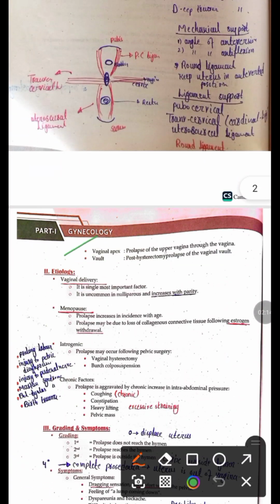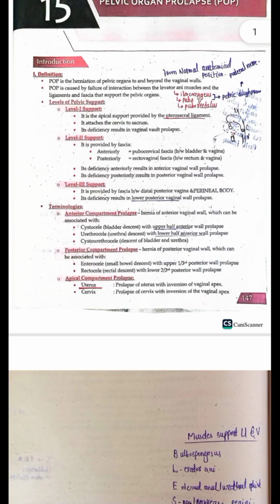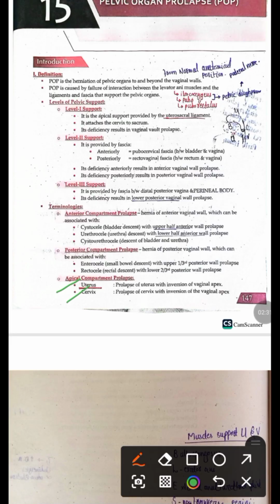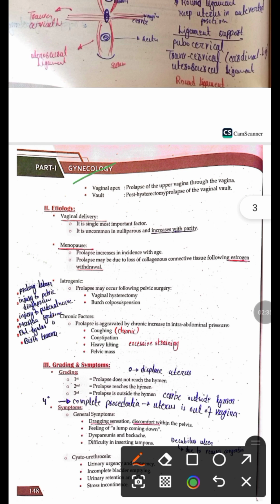Next is the vaginal apex prolapse, that involves prolapse of the upper vagina, and the last one is vaginal vault prolapse, which occurs after hysterectomy. So the apical compartment prolapse includes prolapse of the uterus, prolapse of the cervix, prolapse of the vaginal apex, and the vaginal vault.